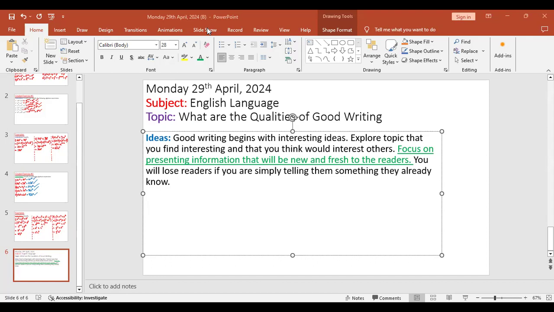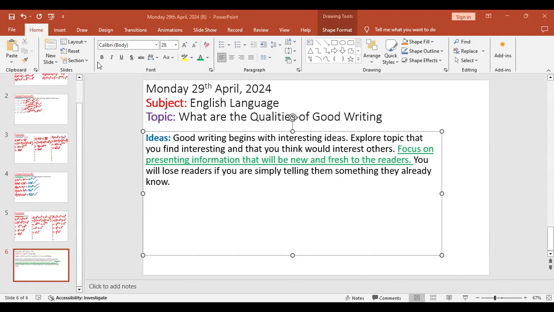Good writing begins with an interesting idea. Exploring topics that you find interesting and that you think would interest others.